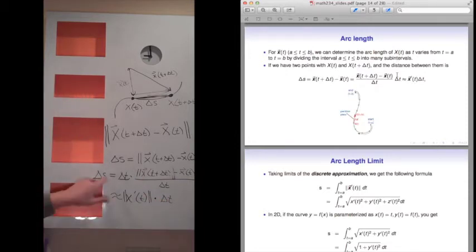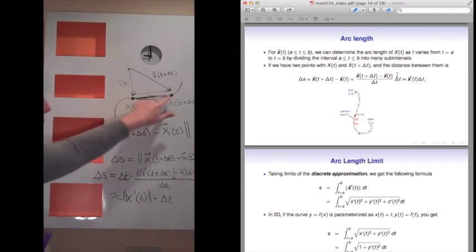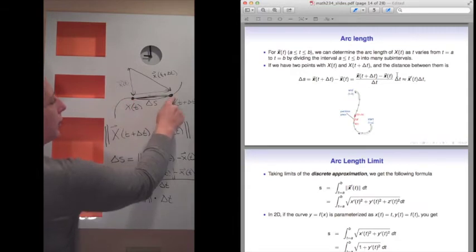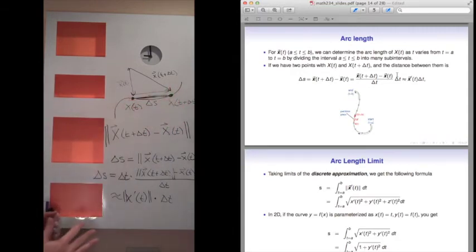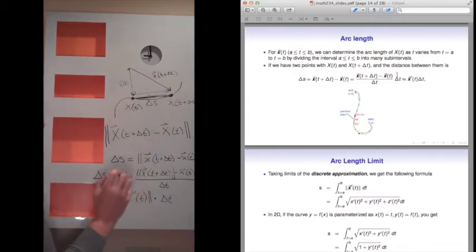In other words, the change in arc length can be represented as the length of the velocity vector times the unit of time that it took to go from this point to this point. And notice in terms of arc length, it doesn't matter how fast we parameterize this curve. So if I go from here to here, say in some particular time, I can also go between the two time points twice as fast.